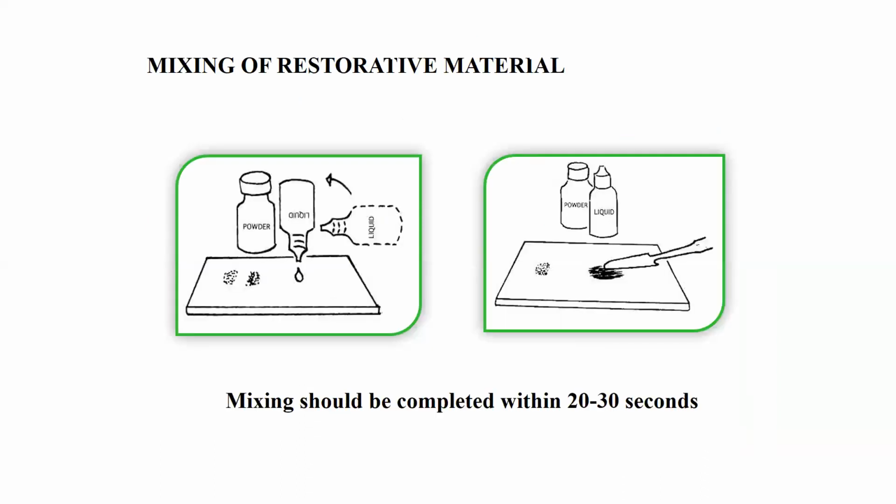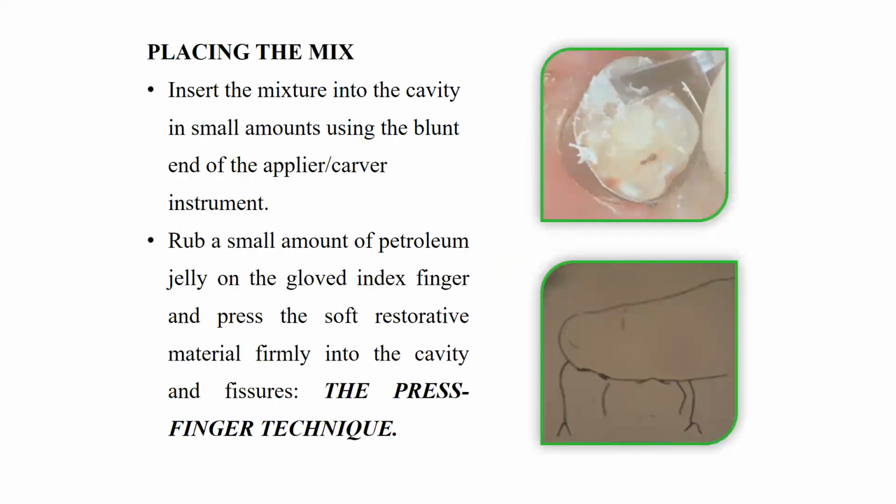Mixing of the restorative material. Mixing should be completed within 20 to 30 seconds, depending on the brand of the GIC cement we are using. Placing the mix. Insert the mixture into the cavity in small amounts using the blunt end of the applier carver instrument.